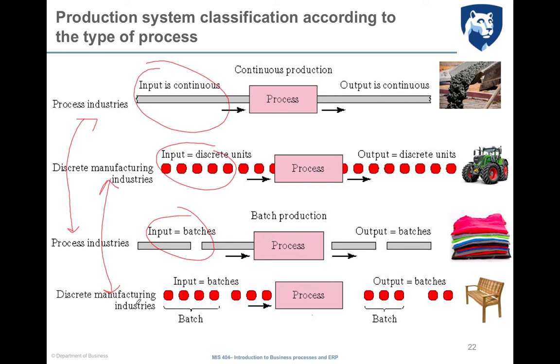There are also other types of discrete manufacturing processes, which instead see in input batches of discrete units, so batches of discrete components, giving in output batches of finished product, so batches of single units of finished product.